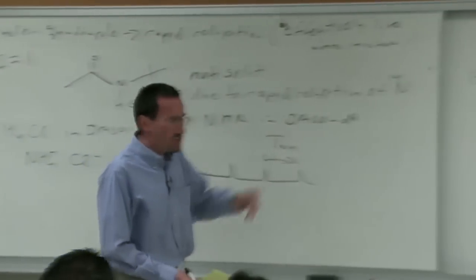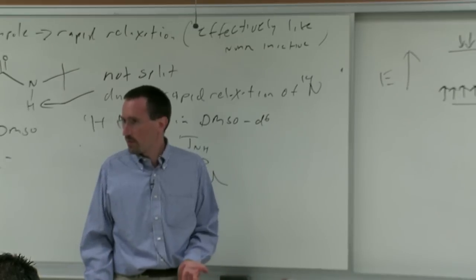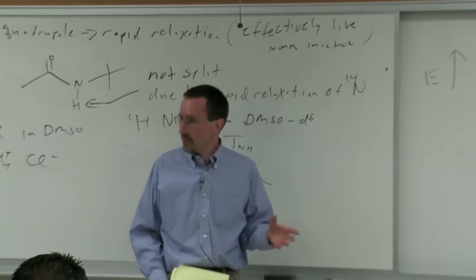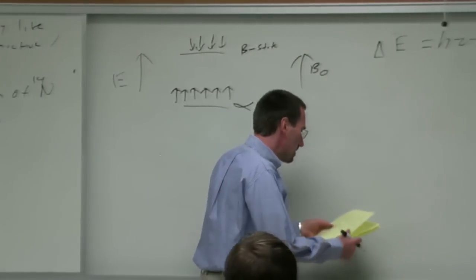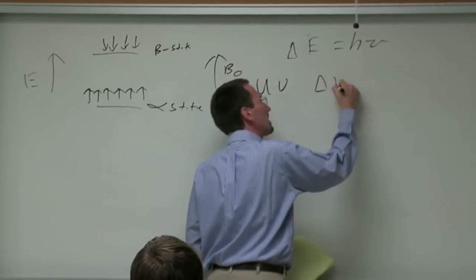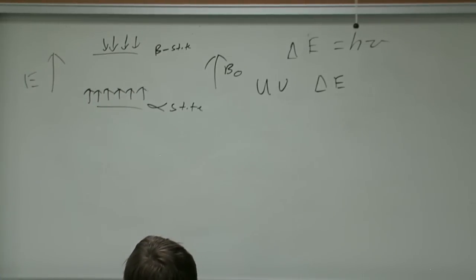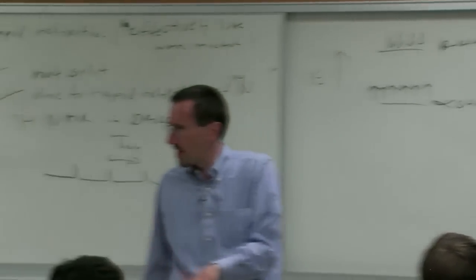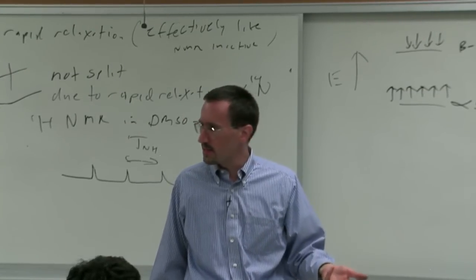Now, what sort of energies are we talking about? Well, we're talking about 500 megahertz for a proton, so we're talking about radio frequency. Let me just give you a calibration here. If I think about UV and a chromophore, maybe I think about my mercury line at 254 nanometers from my TLC lamp, and a chromophore containing a benzene ring or a methoxybenzene ring.